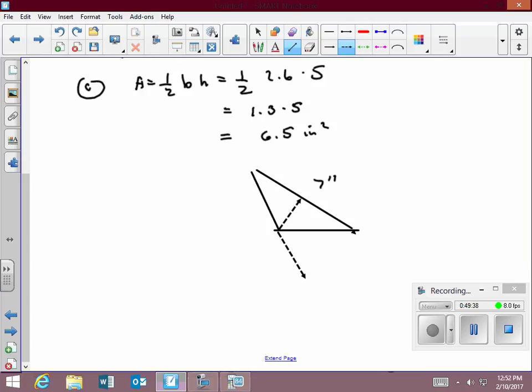You'd have to come perpendicular down. And then this would be the base, and this would be its height. Just like when you do this one, you extend it out, be perpendicular from the point opposite, and then this is the base, not the dotted line, and this is the height.